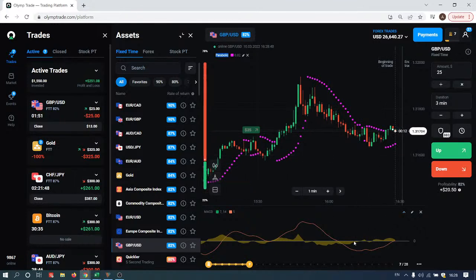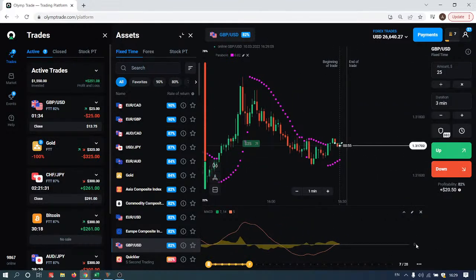And the next indicator, indicator number 2 in this strategy, is called the MACD. We only have one line here, which is this horizontal line that has a value of 0 in the very middle. When we are above this line, that is a signal for an up trade.